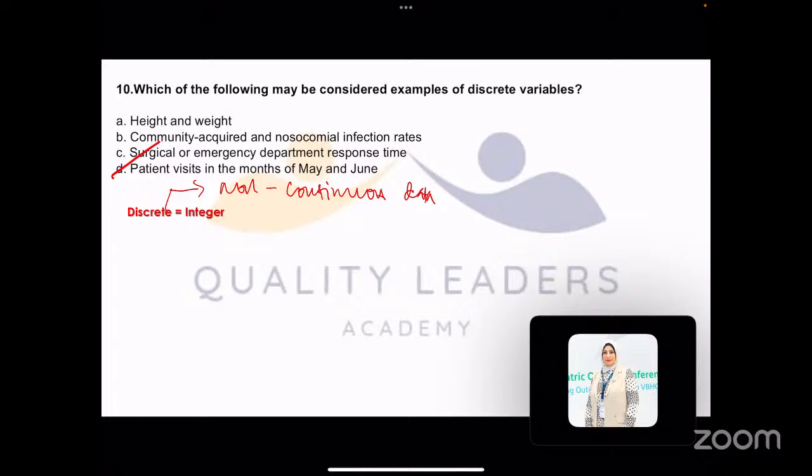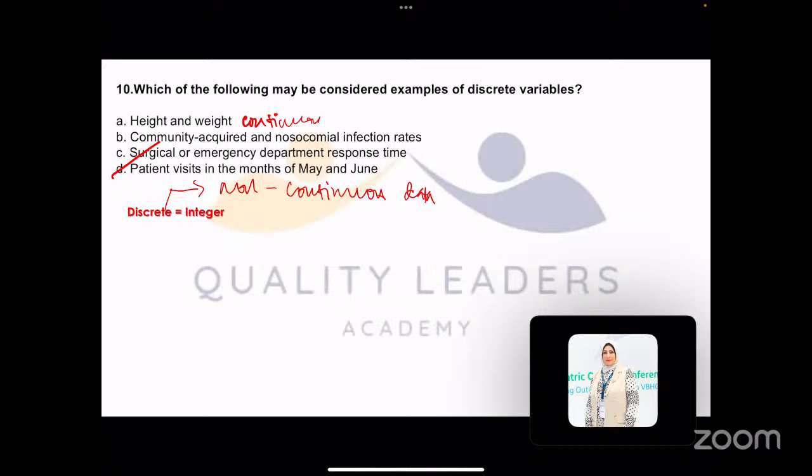Okay, so let's analyze them one by one. For height and weight, do they allow decimal values? Yes, they allow, and they are continuous data. What about the community acquired and nosocomial infection rates? Does it allow decimal values? We divide the numerator by the denominator, like infection rate or mortality rate.